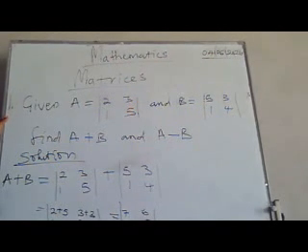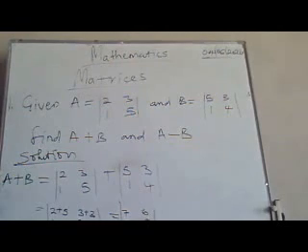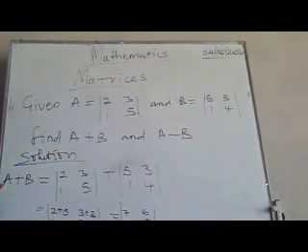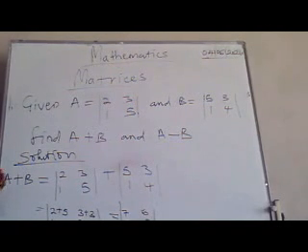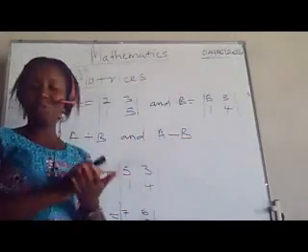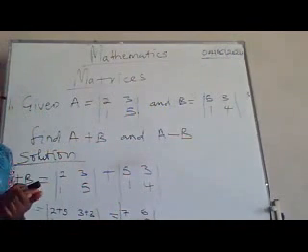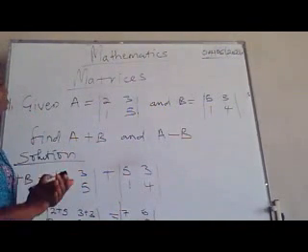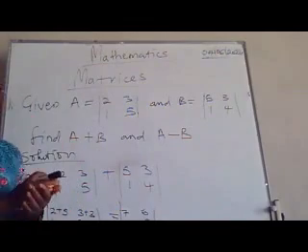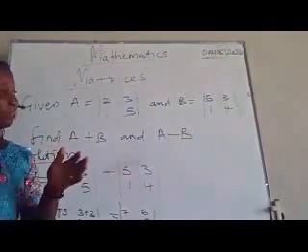And I went on to say that we can add and subtract matrices, and you can only do this if they have similar rows and columns. In other words, you can add a matrix that has 2 rows and 2 columns with another one that has 2 rows and 2 columns. You cannot add 2 rows and 2 columns with 3 rows and 2 columns. So it has to be similar.